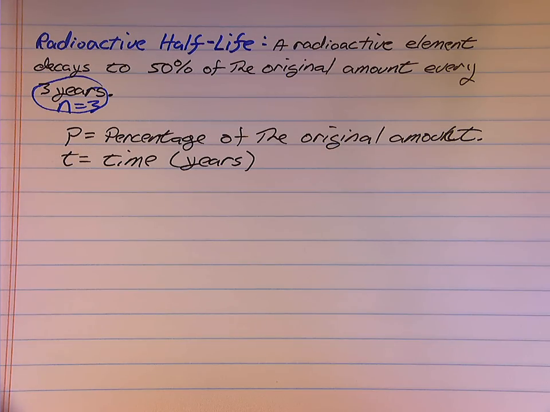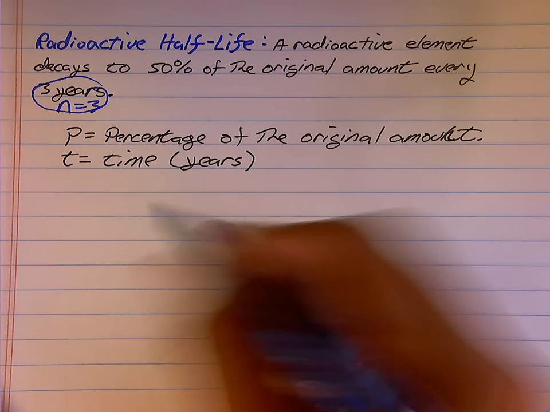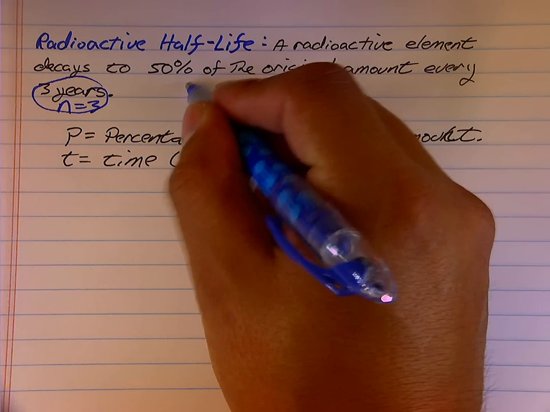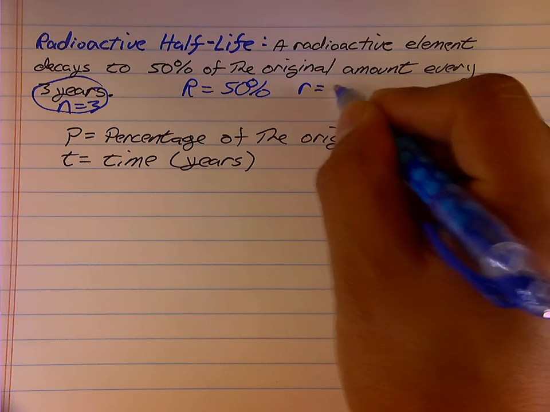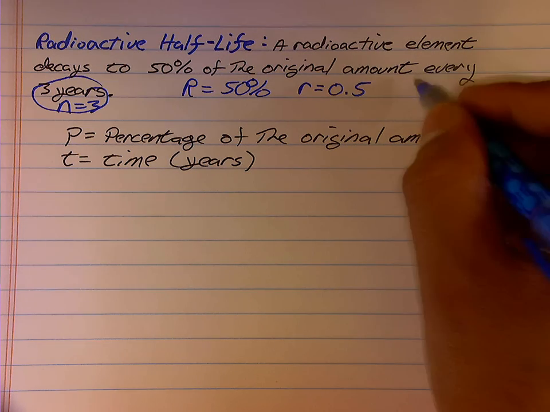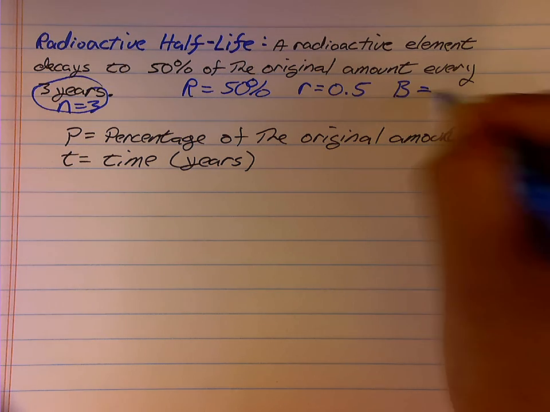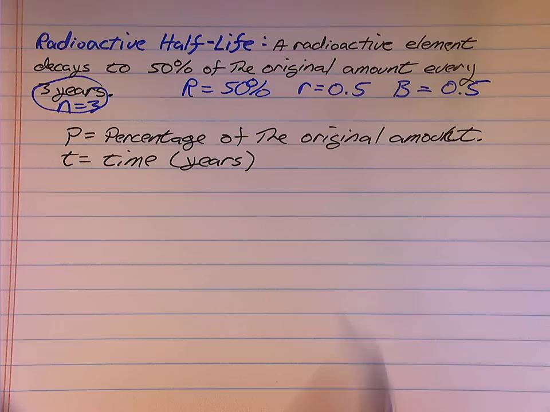Now I'm going to calculate my relative factor by noticing it's decaying by 50%, so my big R is 50%, giving me a little r of 0.5 and a relative factor of 0.5, or 1/2, because it's decaying by 0.5 every 3 years.